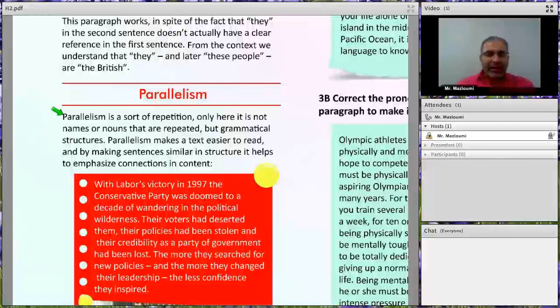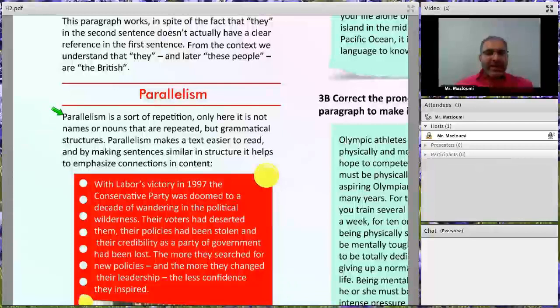Only here, it is not names or nouns that are repeated. In parallelism, we don't repeat names or nouns, but we use the same grammatical structures.